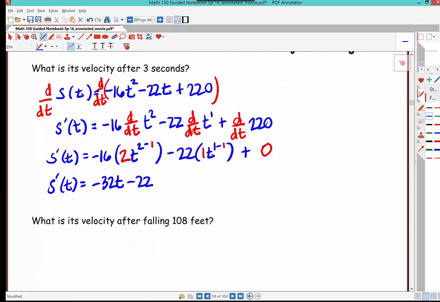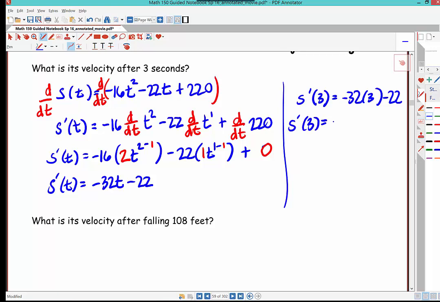So what's left to do for this problem? Good. So s prime at 3 is equal to negative 32 times 3 minus 22. So s prime at 3 will be negative 96 minus 22. And all I did here is I plugged in 3 wherever there was a t in the derivative function, right? Which is, by the way, velocity.